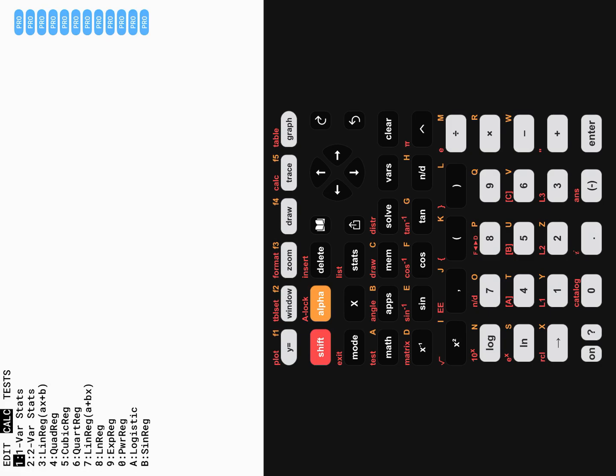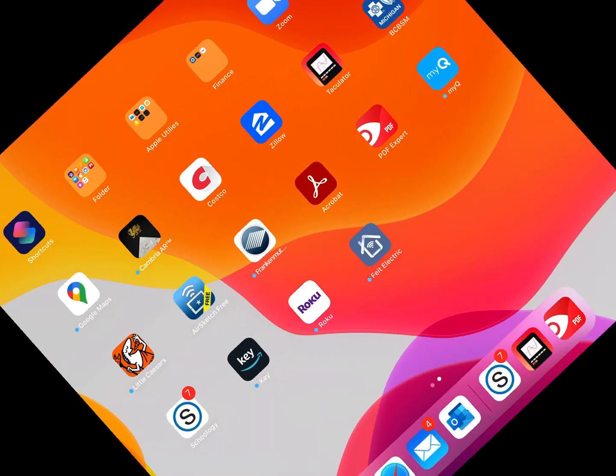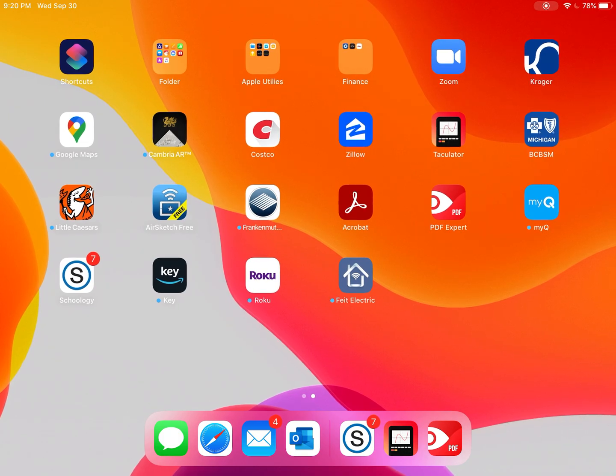I can't do this because I don't have the paid version of this calculator. Hopefully you're using it in school, so you can use our school calculators, but you would scroll down to number 4, sorry, it's 4 on this calculator, Quadratic Regression. Press Enter as many times until you get your answer. So that's how you would do it on a TI.